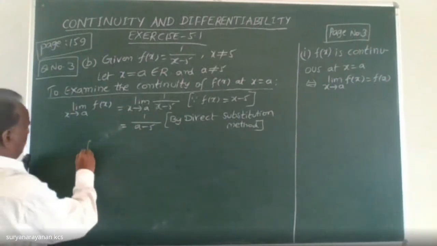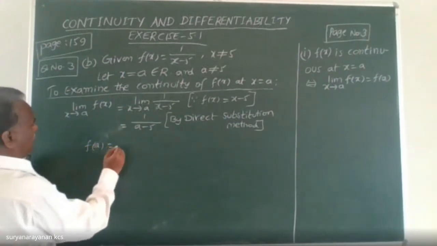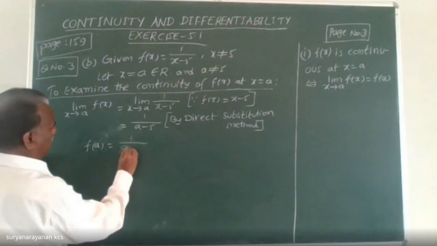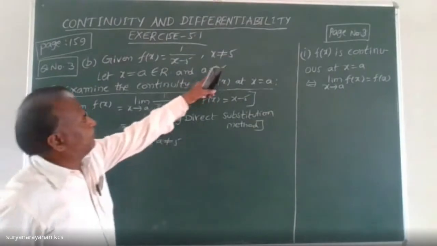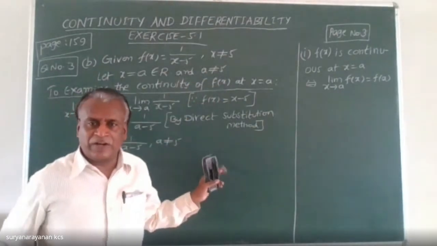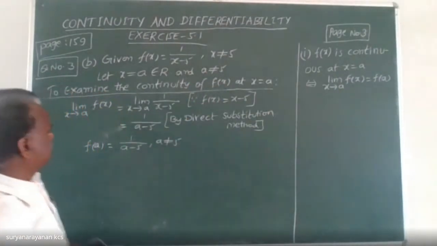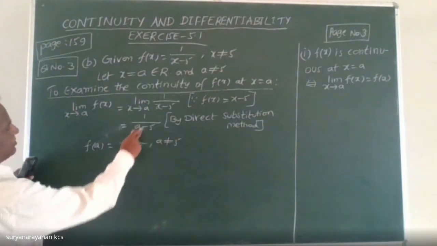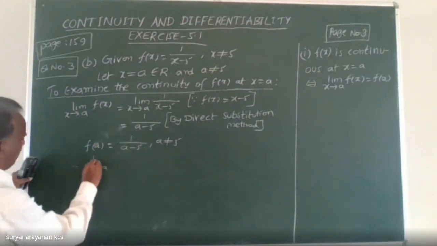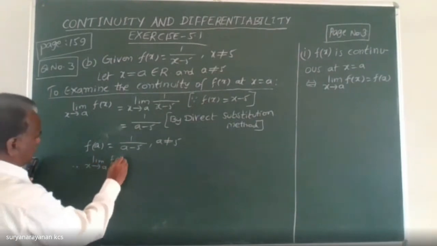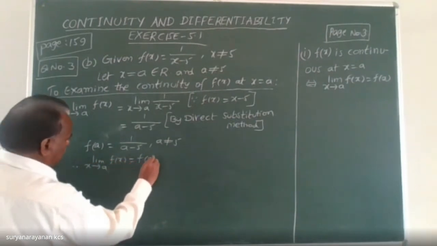Now f of a is equal to 1 by a minus 5, comma, a is not equal to 5. We have taken a is not equal to 5, but any real number. So if you observe, these two values are same. Therefore, the limit as x tends to a of f of x is equal to f of a.